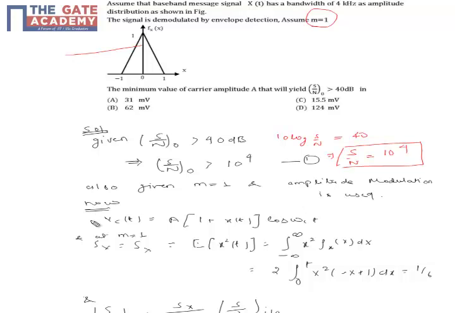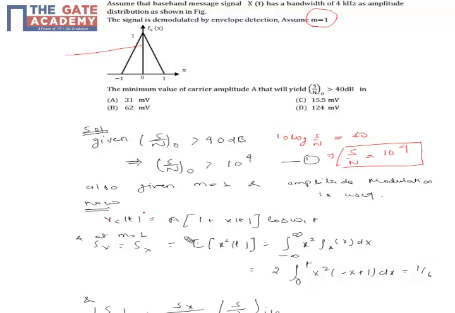Now our x_c(t), that is our modulated signal, is represented as A into 1 plus x(t) into cos omega_c t, where A is the amplitude of our carrier signal and x(t) is our message signal.